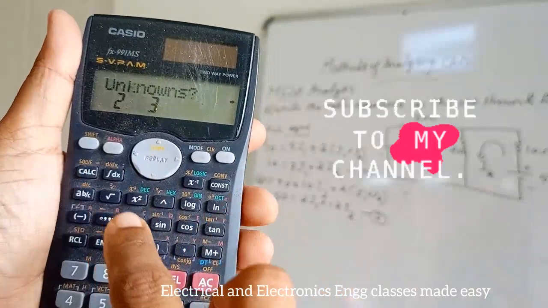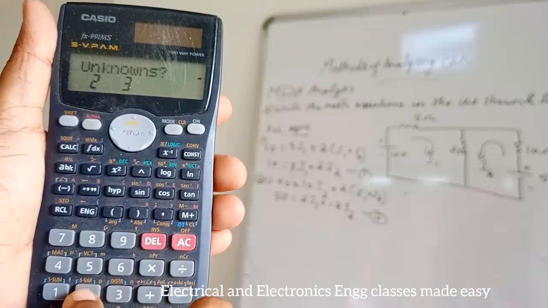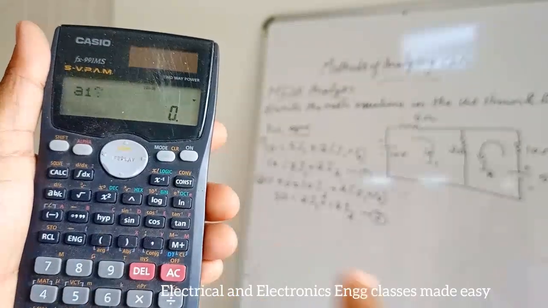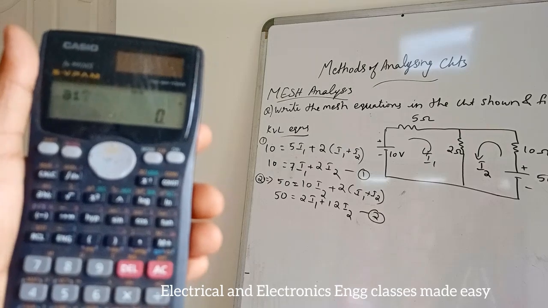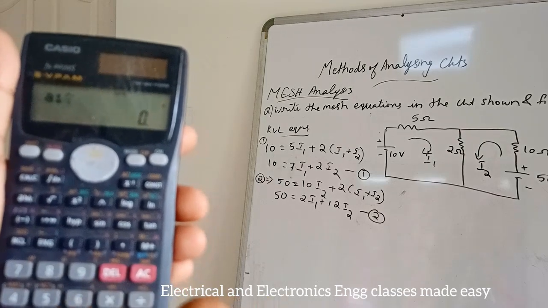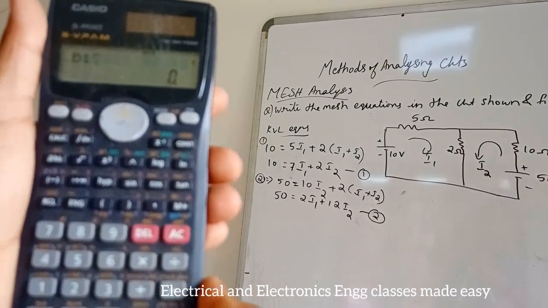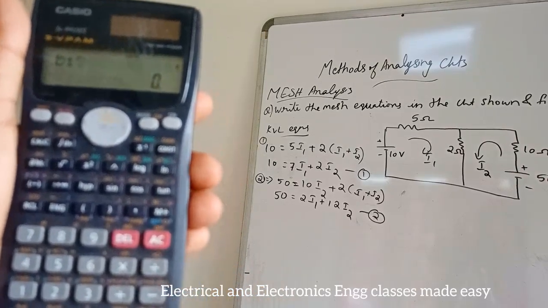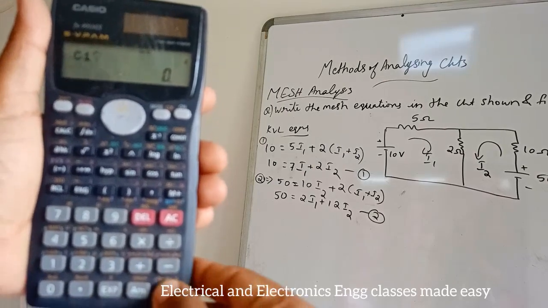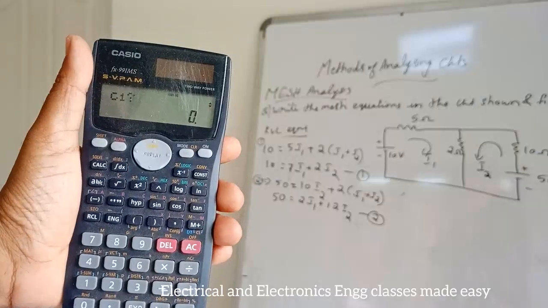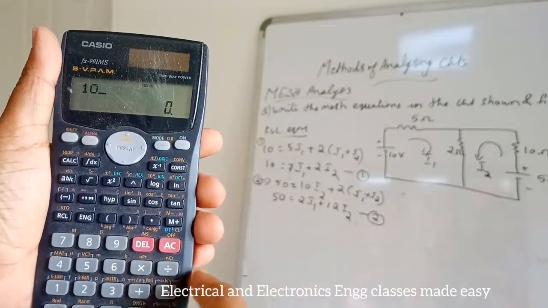Then unknowns: here there are two unknowns, so press 2. A1 is the first equation's coefficient, here 7. Then B1 is 2, equal to. Next is C1, the constant, that is 10.